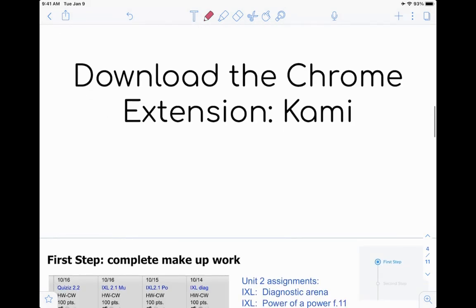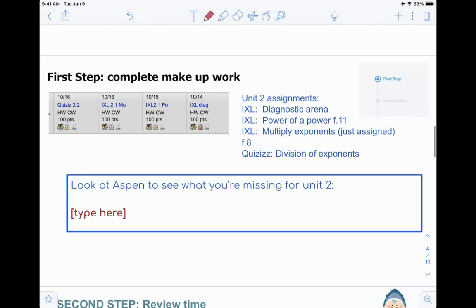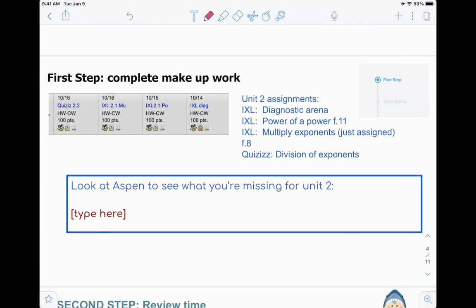So I'm going to ask you to download the Chrome extension Kami, and we'll talk about that next week. And now we're going to go into our first step of today's lesson, which is to complete the makeup work.